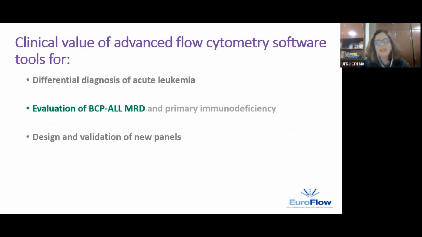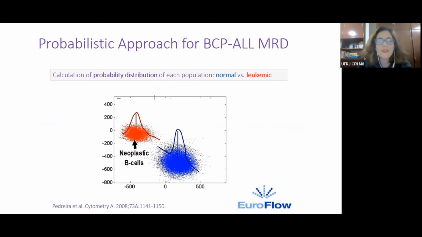The next application is the evaluation of minimal residual disease in B-cell precursor acute lymphoblastic leukemia. So we used the same strategy, for instance, the calculation of the probability distribution of each population, normal versus leukemic, instead of several classes of disease.